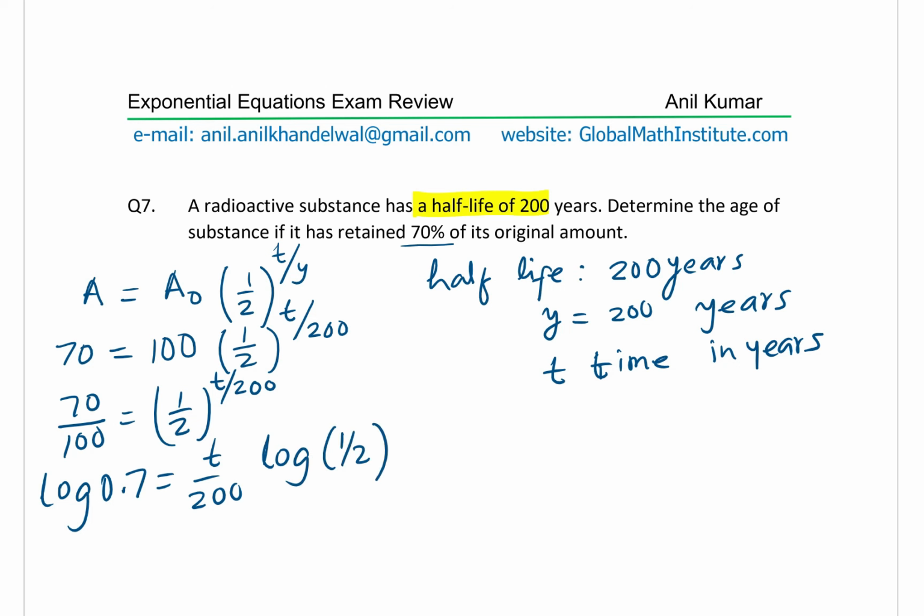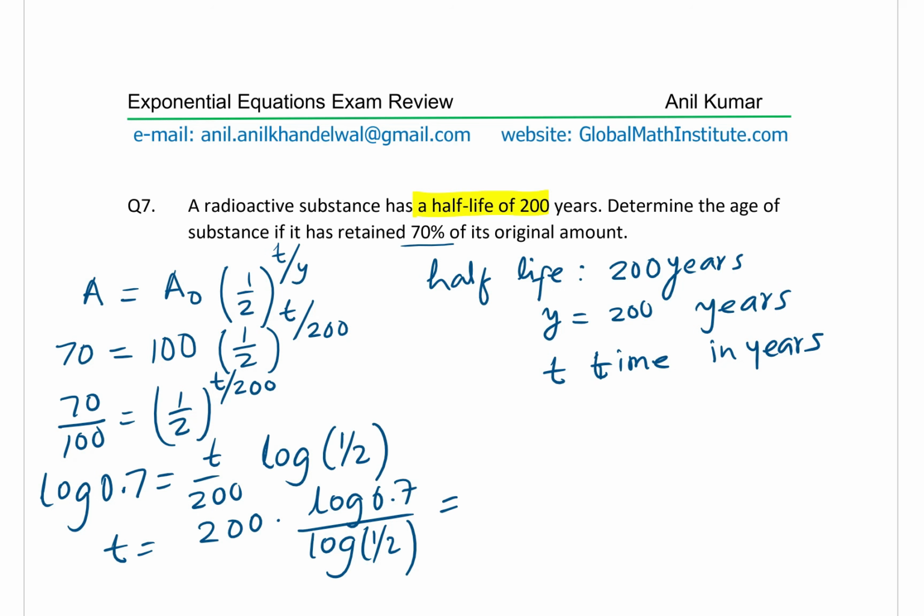So I've done two steps at this stage. By now, I think you understand all this. So we can now write down t as, cross multiplying, 200 times log of 0.7 divided by log of half. Is that clear to you? So that becomes the time. And this time is in number of years.